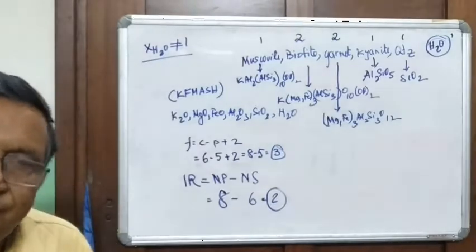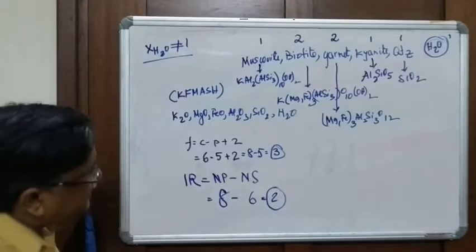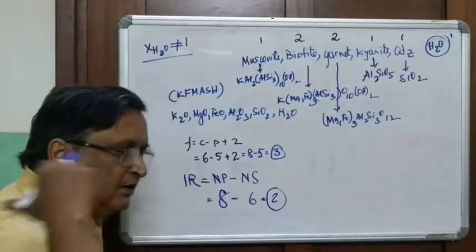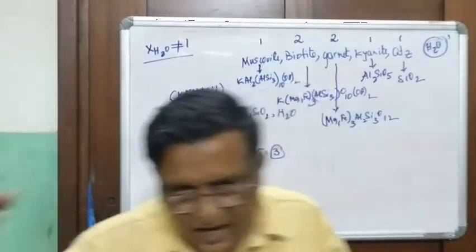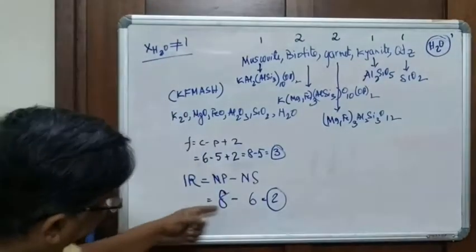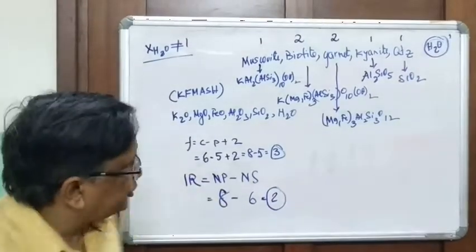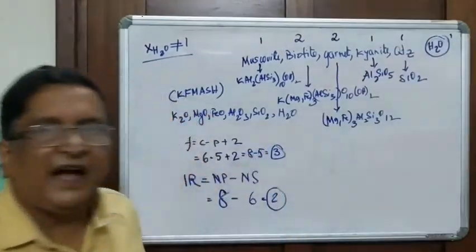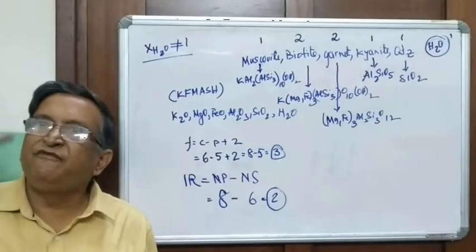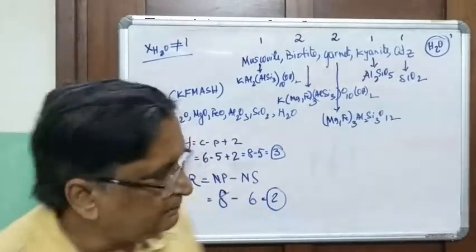Have you understood? Like last time, Gibbs phase rule says 3 variables are necessary to solve your problem, and they should be quantified from outside the system. This tells you you have 2 reactions, no more. So 3 plus 2, 5. There should be 5 variables and no more. What are the variables?